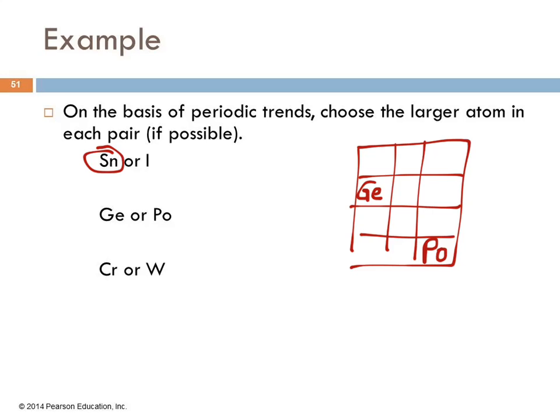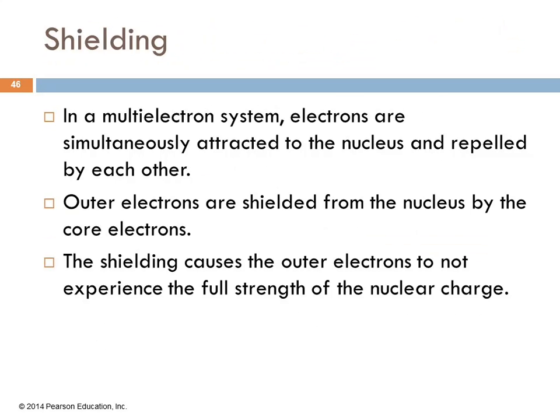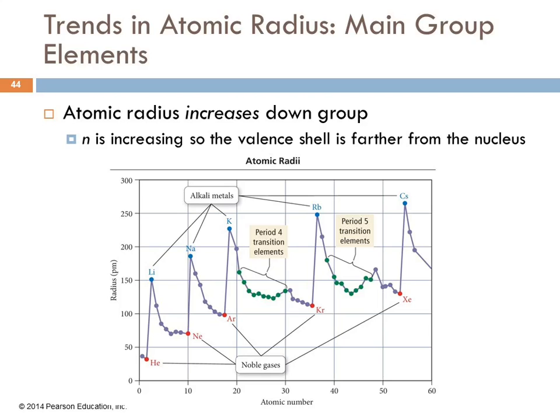Do you remember that graph? Actually, I can go back there just one time. So this is the effect of going across a period, and this is the effect of going down a group. Usually going down a group is a bigger change than going across a period.